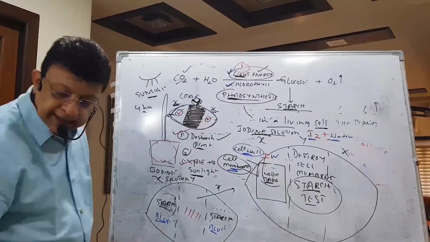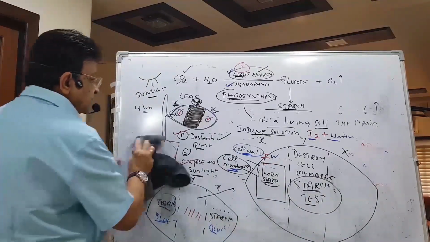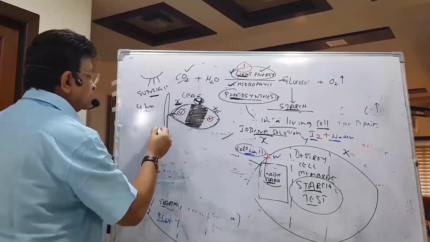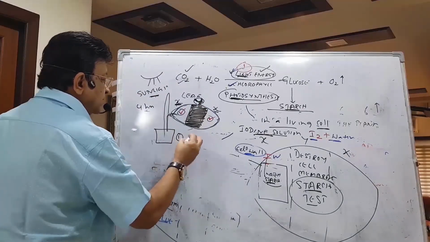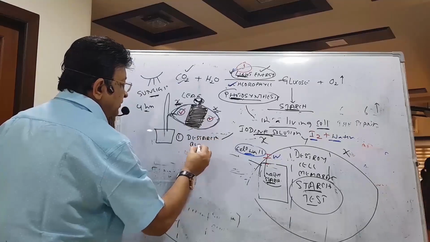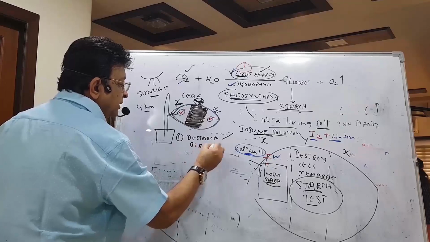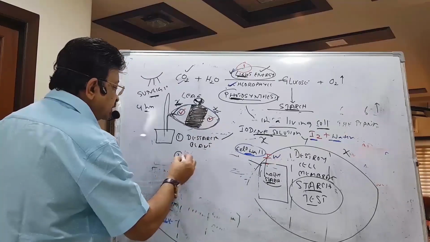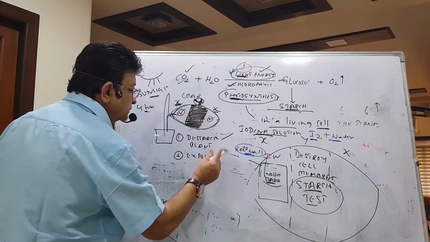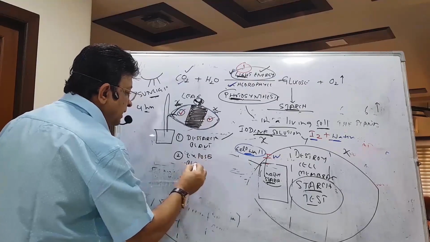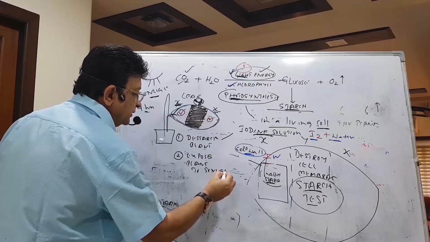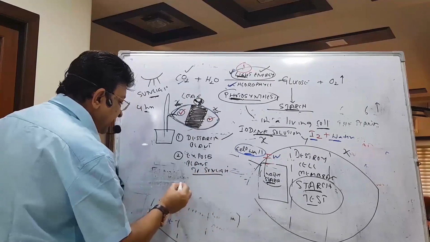So the 3 requirements then for my experiment to be successful, pay attention, for my experiment to be successful, there are 3 requirements. First, I should de-starch the plant to ensure that the experimental leaf is free of starch. Next, I must expose the plant to sunlight, obviously for photosynthesis, for a few hours.